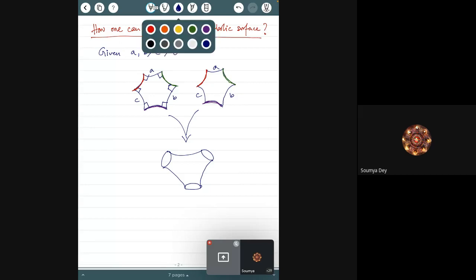So the lengths will be 2a, 2b, and 2c, right? If it's not clear to you, in this A side and C side, namely this arc will be red, okay? Between A and B, we have green, something like this. And between B and C, we have purple.